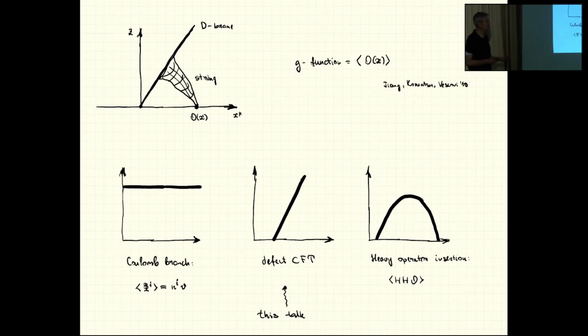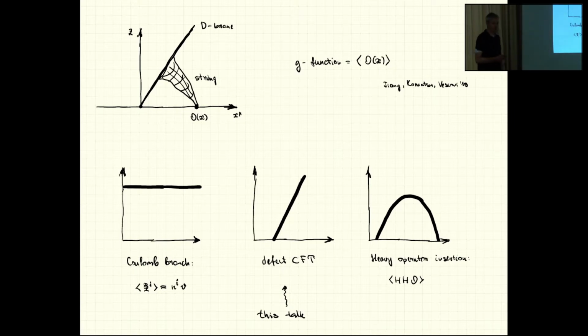So it's a condensate. In the presence of the D-brane, local operators develop condensates, and the condensate is described by this process: a string emitted from the boundary and then disappearing into nowhere because it can be absorbed by a D-brane.